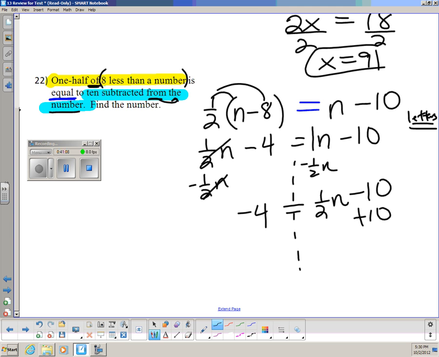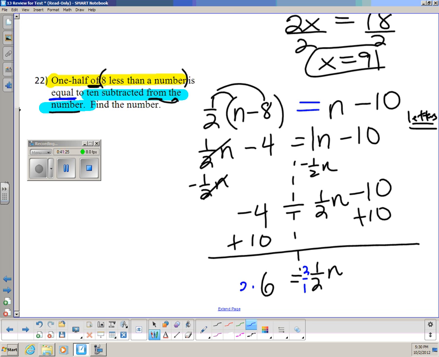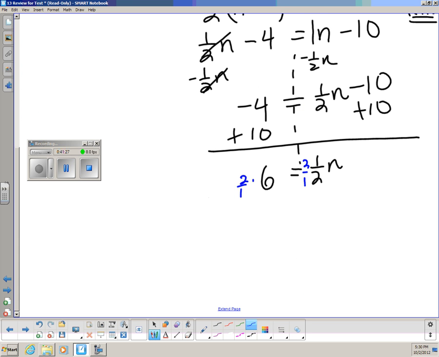I'll add 10 on both sides to get rid of it from the letter. And so I have negative 4 plus 10 equals 6. 6 equals 1/2 n. And then to get rid of a fraction being multiplied by the variable, we multiply by the reciprocal. So by 2/1 on both sides. That's your multiplicative inverse, basically.